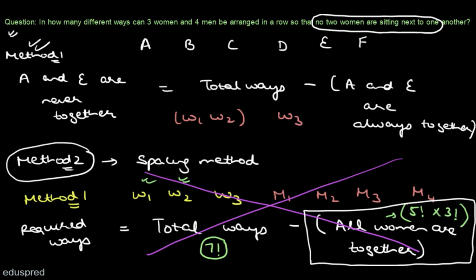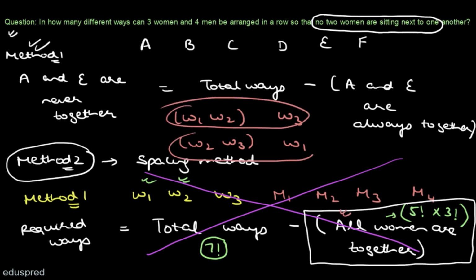Or let's say woman number 2 and woman number 3 are sitting together and woman number 1 is sitting at a completely different place. So if you want to follow method number 1, it is not that straightforward in this case. You will have to do total ways minus the ways in which all women can sit together, minus the ways in which this can happen, minus the ways in which this can happen, and so on. And now I'm sure after writing all these cases that we have to incorporate, method number 1 does not seem that much appealing and easy.